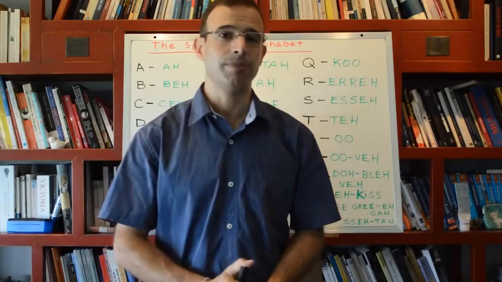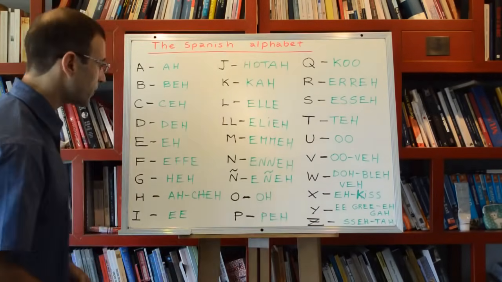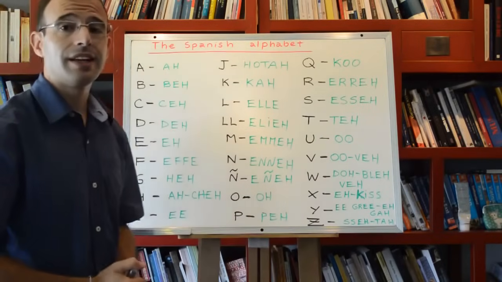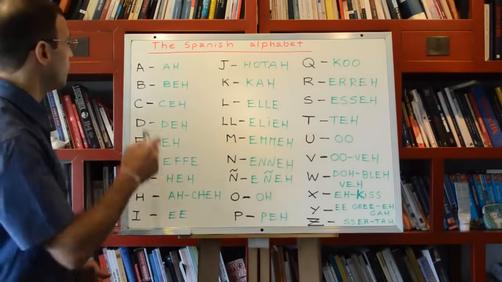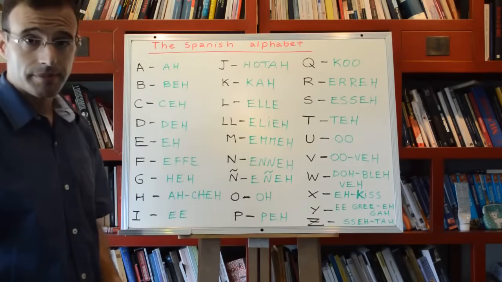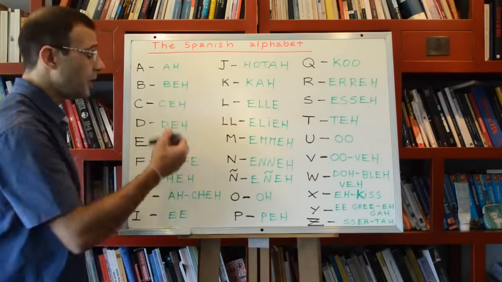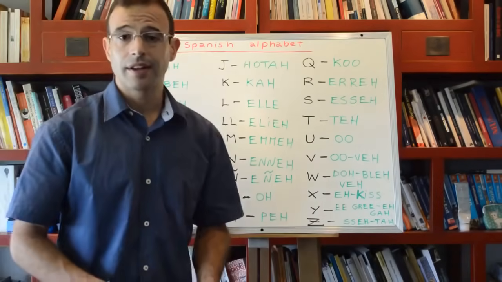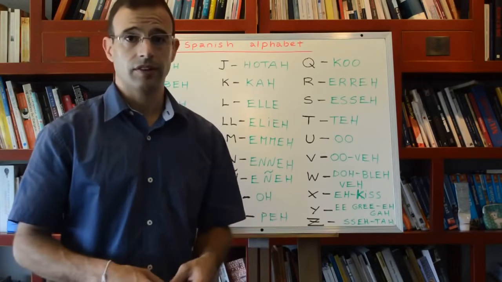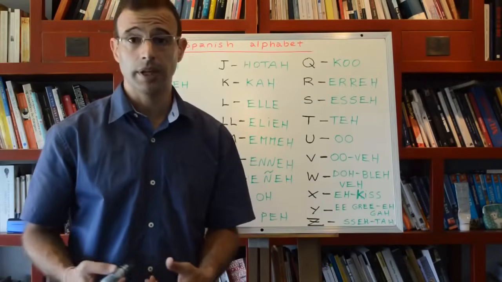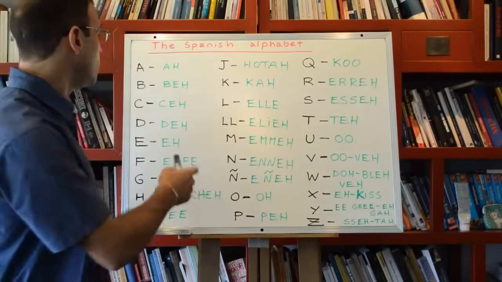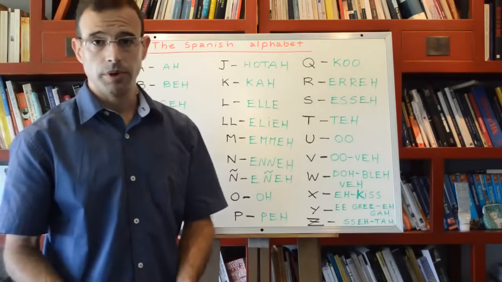Okay, let's begin with the Spanish alphabet. In black I've written each letter of the Spanish alphabet, and in green the phonetics, as correctly as I could make it up, of how you would pronounce it reading it in English.